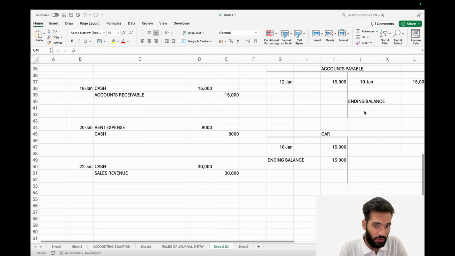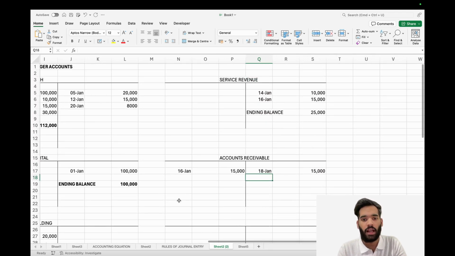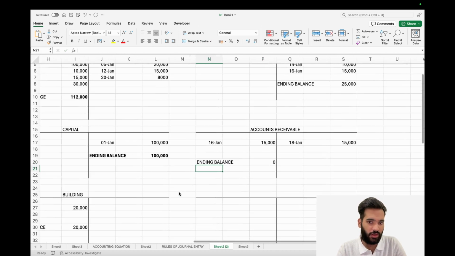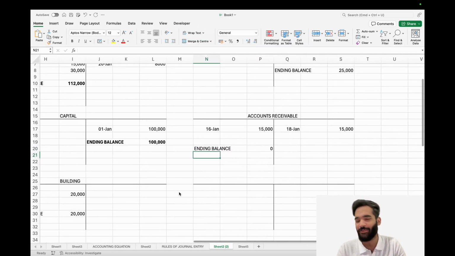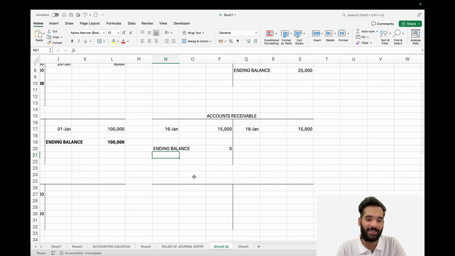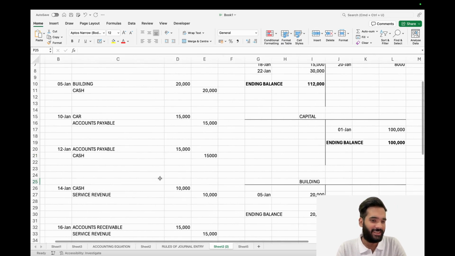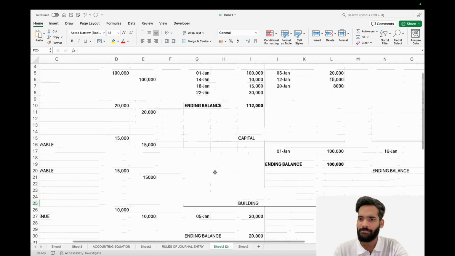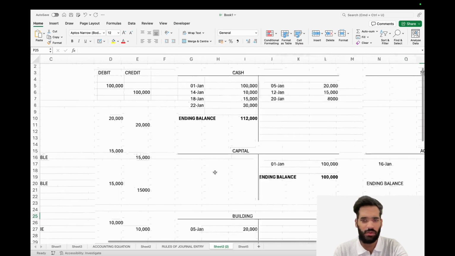I don't think so. Okay, so that means accounts receivable also has an ending balance of 0. All right. Some weird things going on here. Accounts payable and accounts receivable are 0. Of course, that's fine because that's the real balance. But yeah, I guess unconsciously I've put the debit and credit as equal amounts in the entry. Okay. So we are pretty good so far.